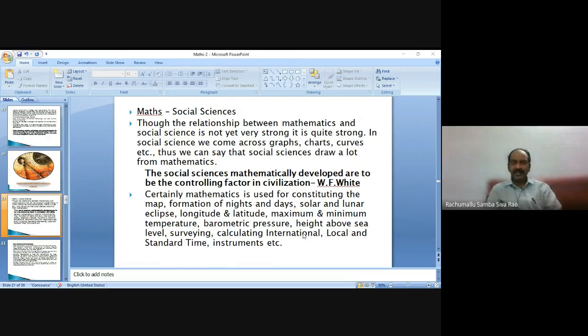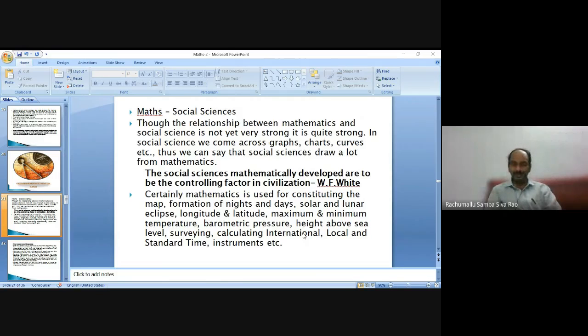Certainly, mathematics is used for constituting the map, formation of nights and days, solar and lunar eclipse, longitude, altitude, maximum and minimum temperature, barometric pressure, height above sea level, surveying, calculating international, local, and standard time, instruments, etc. These all come under mathematical concepts.